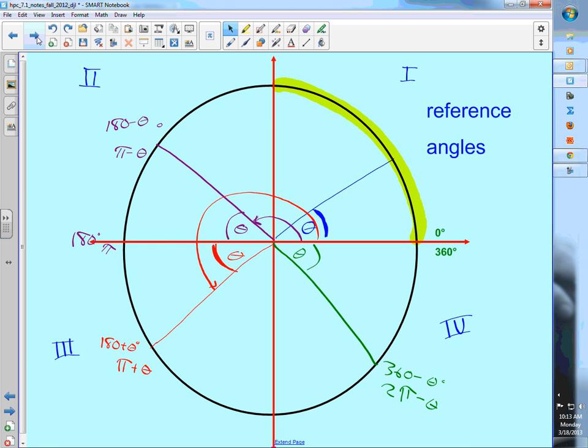All right, so these angles, any angle that ends on this yellow arc, where are angles on that yellow arc? Not what are their measures, where are they? First quadrant.